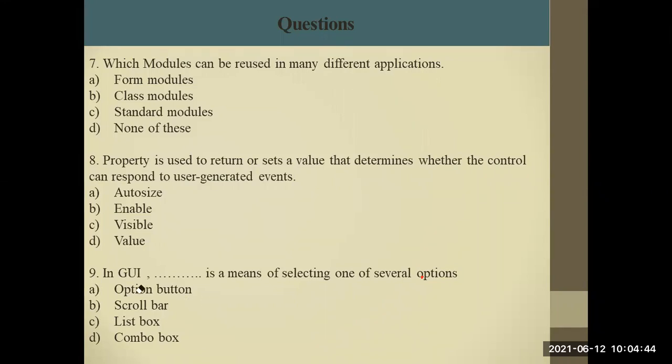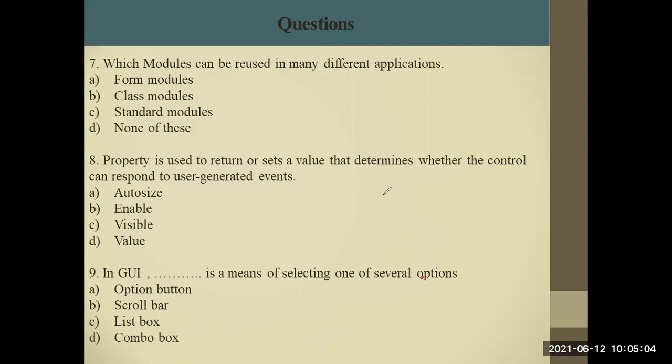The next question is, in a graphical user interface, dash is the means of selecting one or several options. Suppose I have drawn a window where the user can interact graphically.